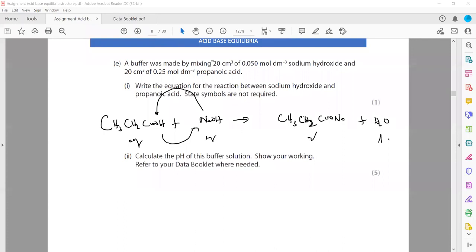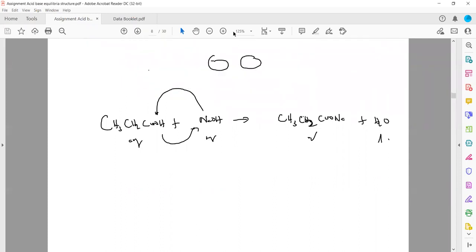Before we mix, 20 times 0.05, with 20 divided by 1000 as the volume should be in dm cube. So the moles of sodium hydroxide in the beginning is 0.001, and moles of propanoic acid is concentration times volume: concentration is 0.25, volume is 20 cm cube divided by 1000, so it will be 0.005.